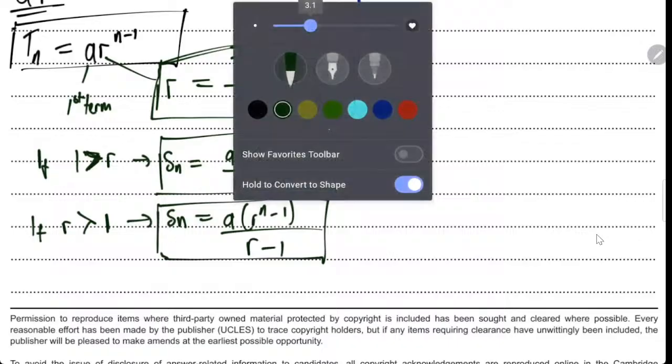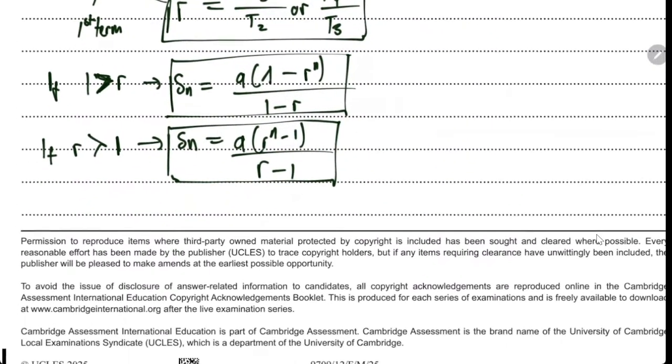Can you see for Sn, the two formulas? Then there's the last one, which you meet again for your geometric progression. This is when r is a fraction. In other words, the modulus of r is less than 1. So if r is a fraction, a proper fraction, then what you'd say is sum to infinity. Here we had r greater than 1, then here we had r less than 1, right?